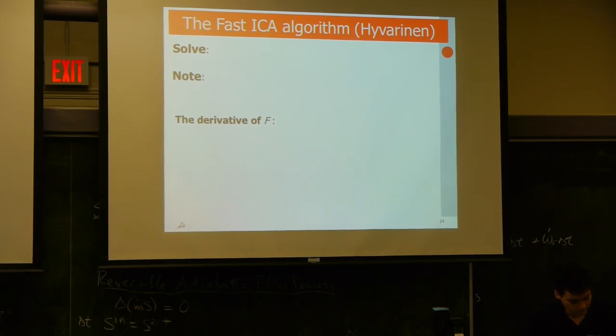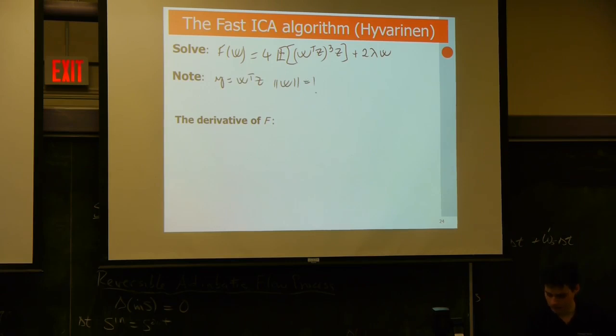Okay, so let F of W be defined as 4 times the expected value, plus 2 times lambda W, where we know that y is W transpose Z. This is our estimated independent component.